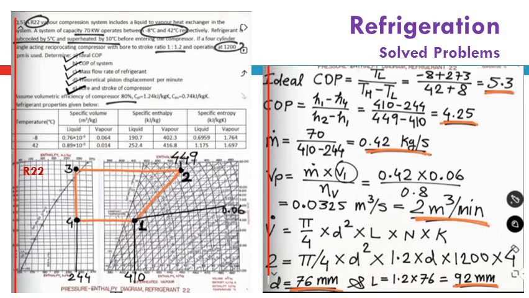In the line after that, we can use the same equation, but putting the displacement volume in meter cube per minute on the left hand side, and we just have two unknowns, which are the diameter or the bore of the cylinder and the stroke.